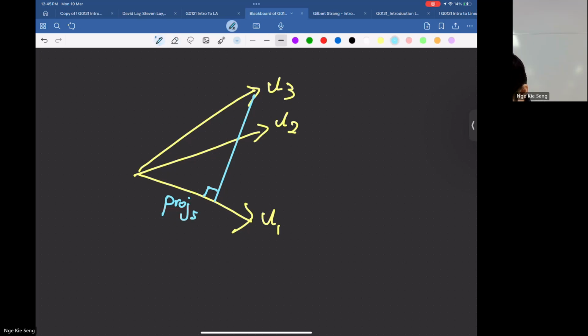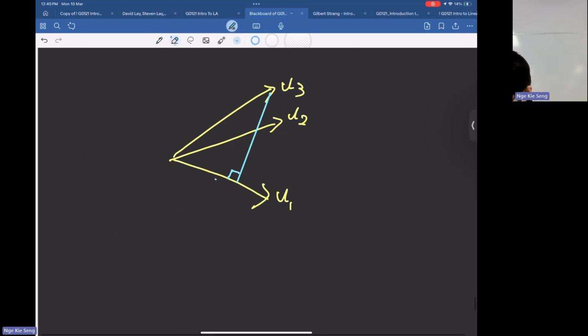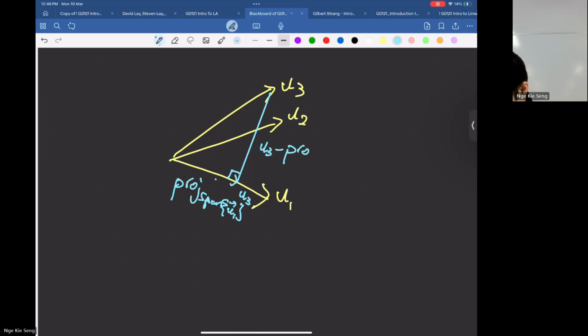Okay, let's write it larger. Make it into the projection part. So what have you done here?